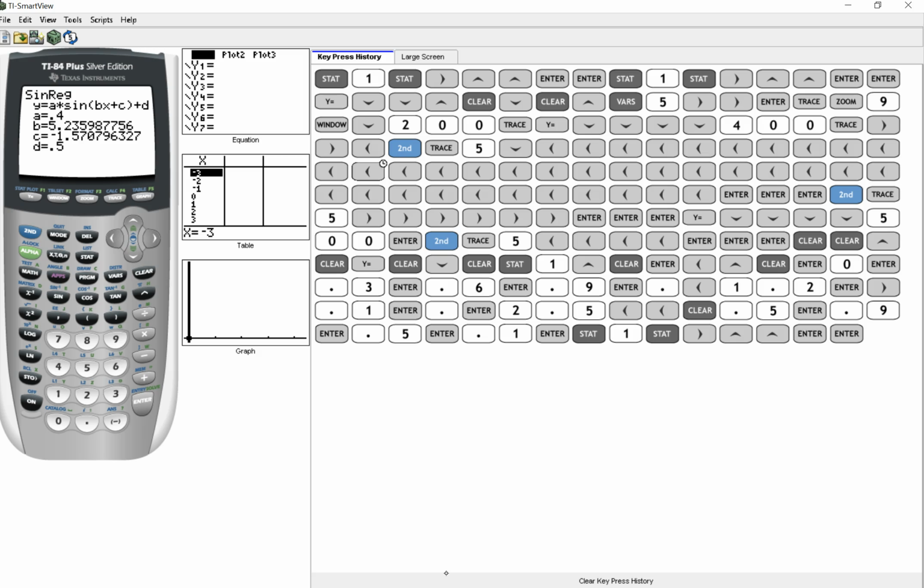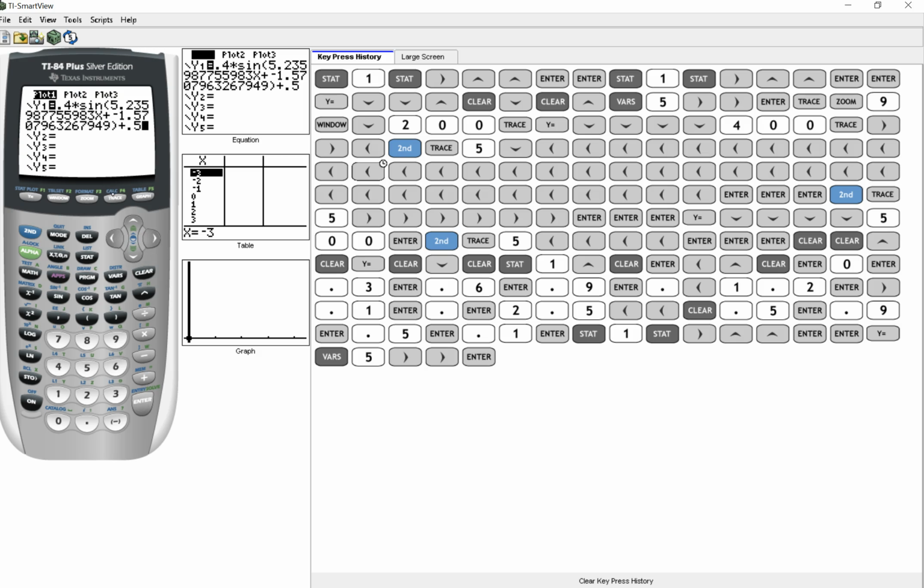Let's try that out. So under y equals, oh, I need to put in my regression function first. Vars 5. We didn't even look at the graph yet. So trace and zoom, I didn't hit zoom 9. So there it is.